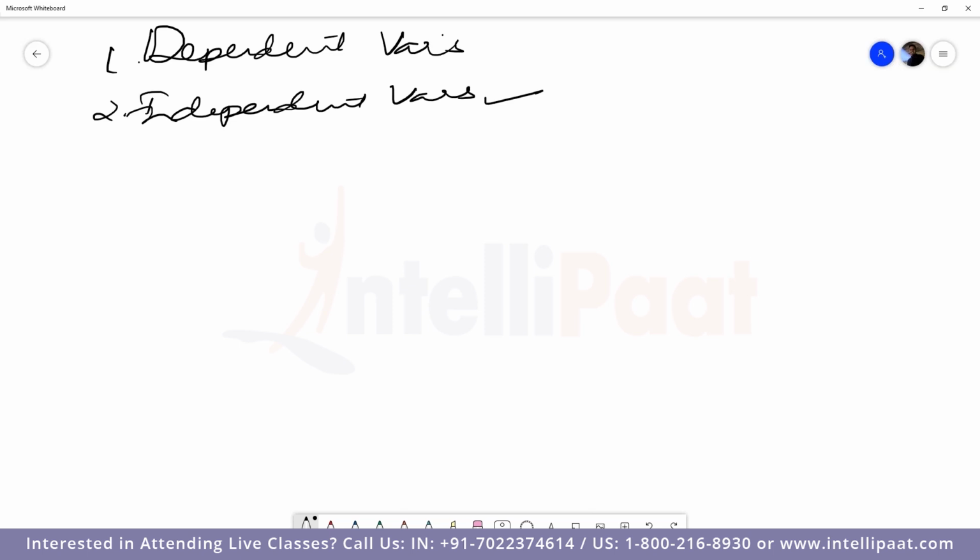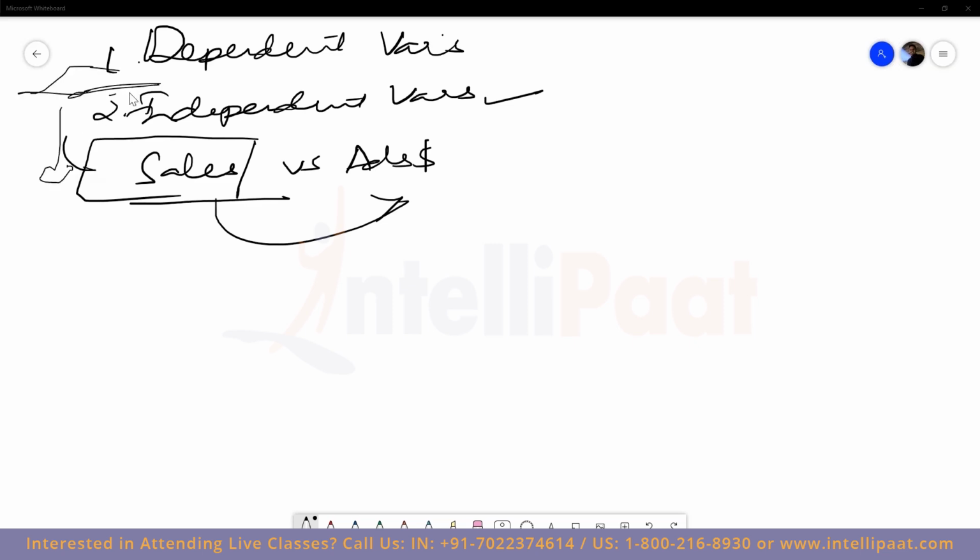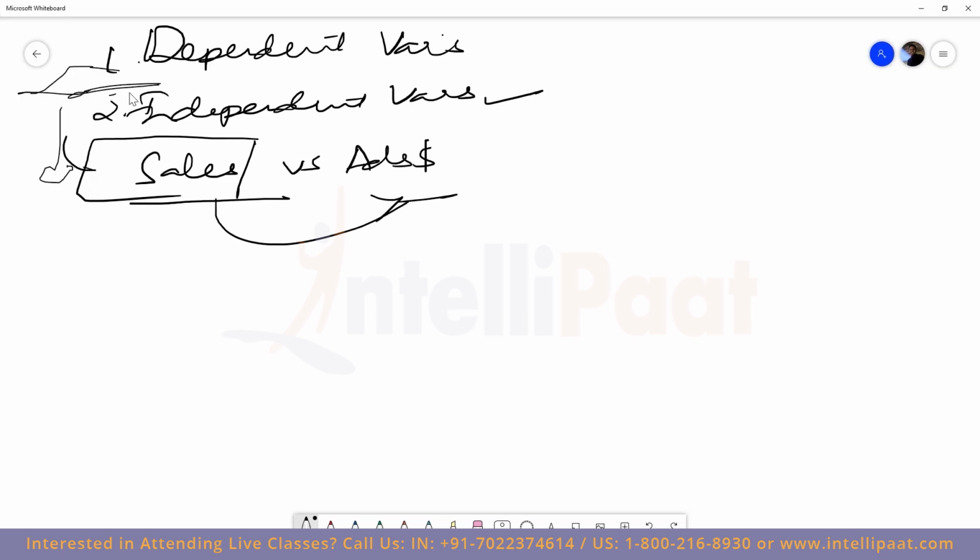For example, if I'm interested in predicting sales as a function of, let's say, money spent on ads, then sales is my target variable. So sales is in this example dependent on ads. Hence in this case sales becomes my dependent variable and ads becomes my independent variable, so to say.